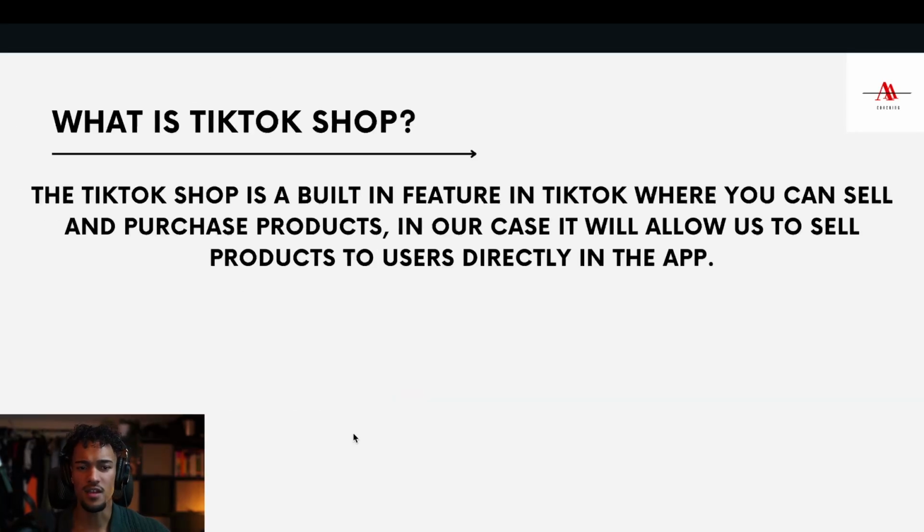So the first thing that we should talk about is what exactly is the TikTok Shop, how does it work, and how do you use it? The TikTok Shop, in short, is a built-in feature on TikTok where you can sell and purchase products, whether you're a seller in e-commerce or you're a user and a consumer purchasing products. With that being said, we will be using this to our advantage in terms of speaking on the affiliate program.